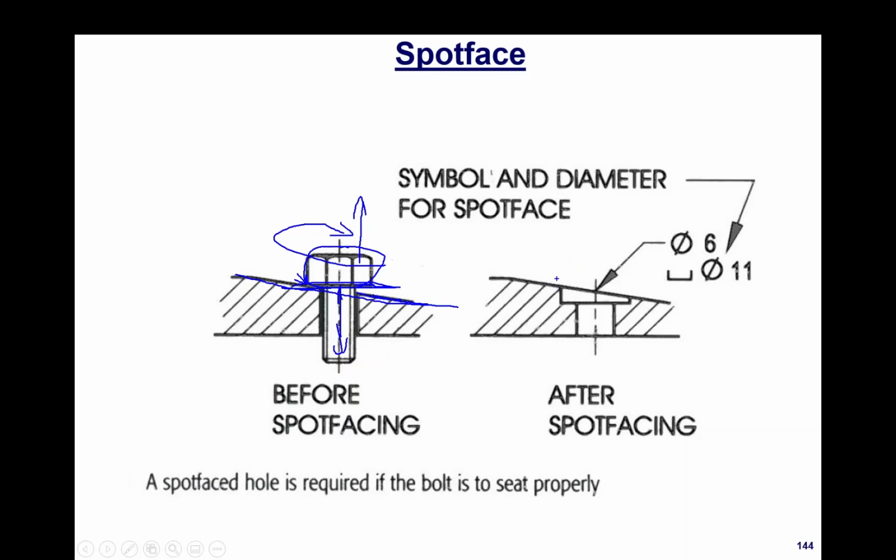So what can be done here is we can add a spot face. We can come in with a machine tool and give this a little machining, and in this particular situation, maybe the depth is not so critical because we have a nut and bolt assembly on the other side, and we can tolerate some variation in the depth of this spot face.